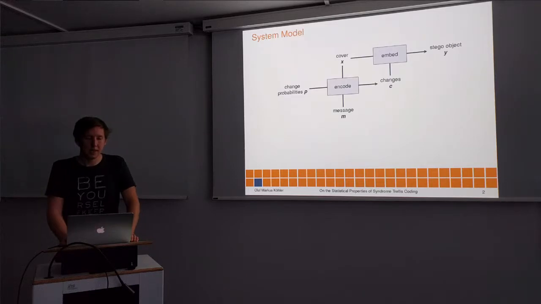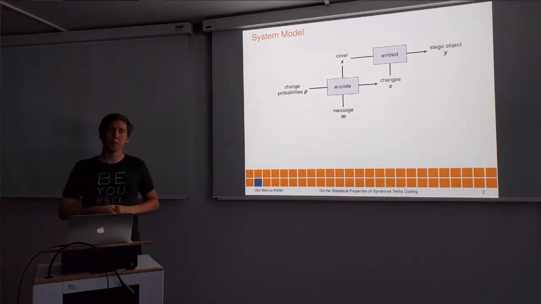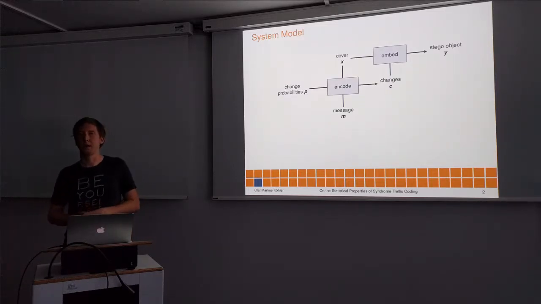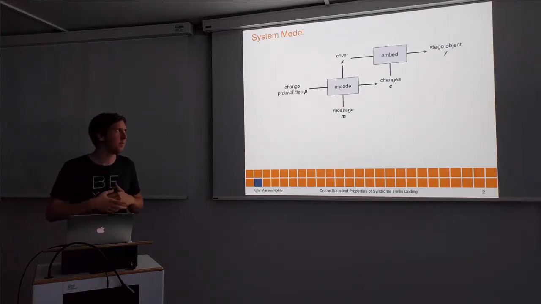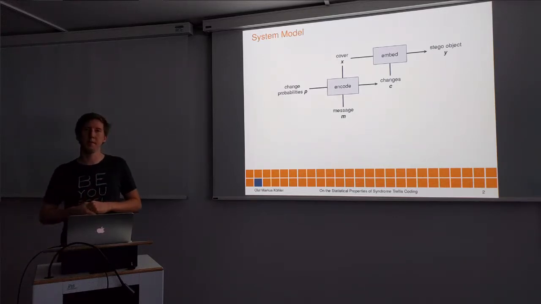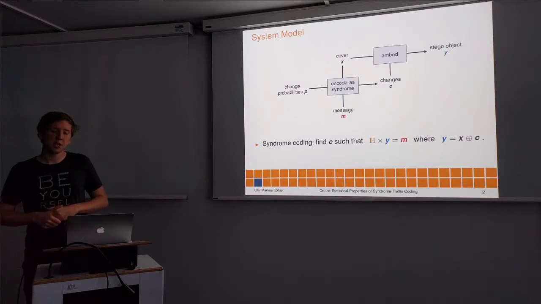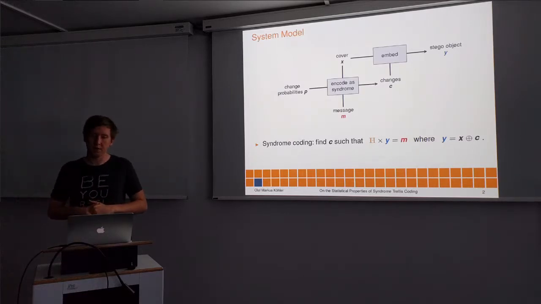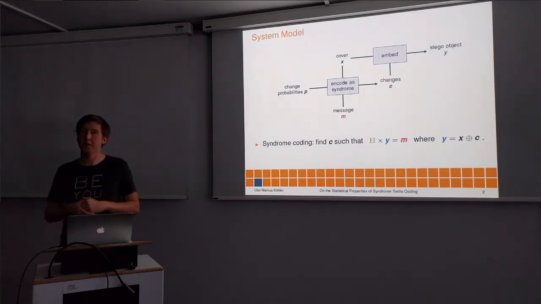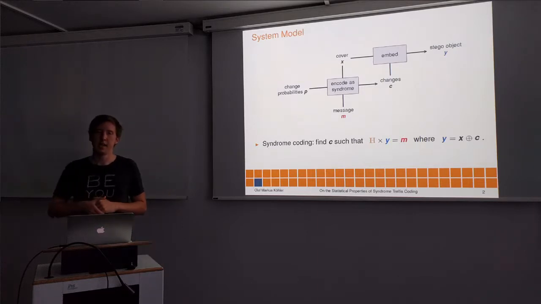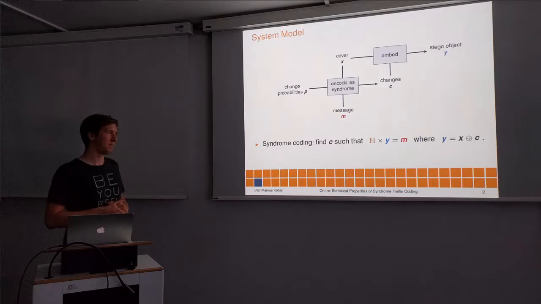Okay. To solve this encoding problem, we can use syndrome coding. Syndrome coding presents this problem as a simple linear equation system, where we choose a coding matrix H, and we say the message M shall be derived as a syndrome from the matrix multiplication of our coding matrix H with our stego object Y. So the problem with syndrome coding is just to find a change vector C that allows us to solve this problem.